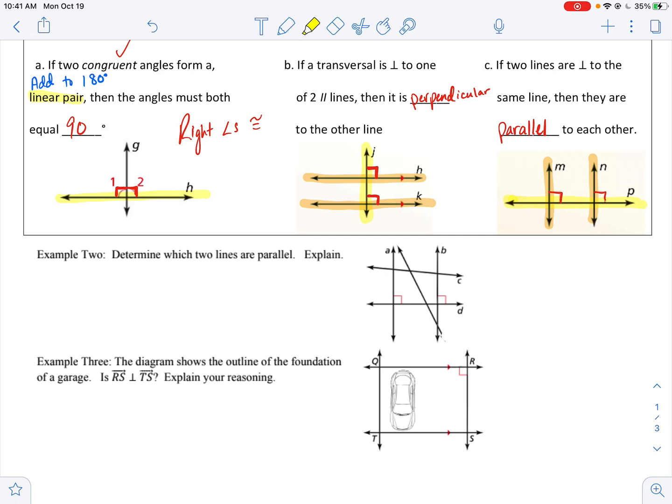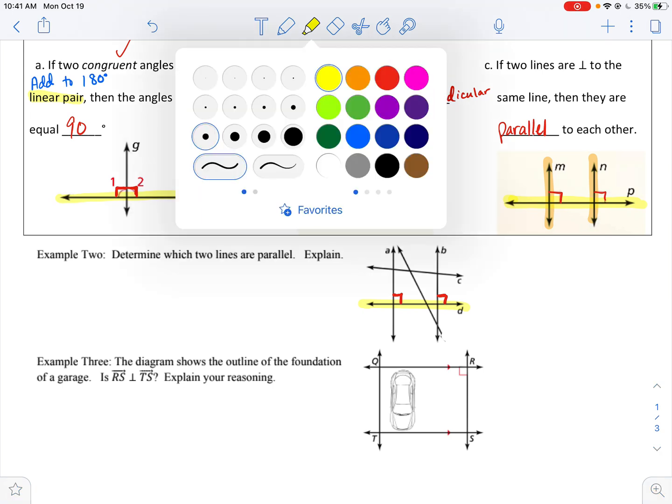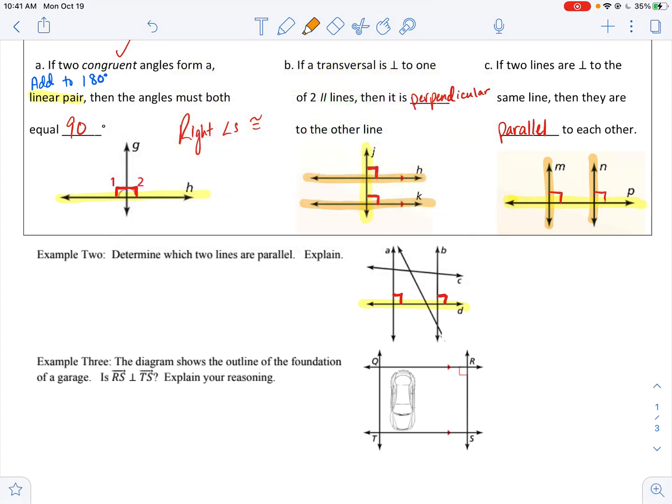I want to determine which two lines are parallel. Well, here's a right angle, and here's a right angle. So D is perpendicular to two different lines. So if it's forming a right angle with two lines, then what do we know about those lines from our theorems up above?